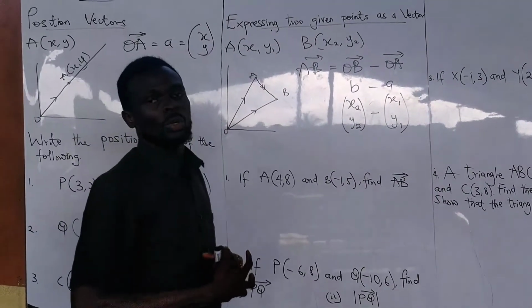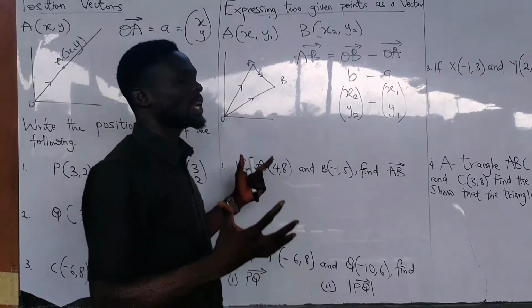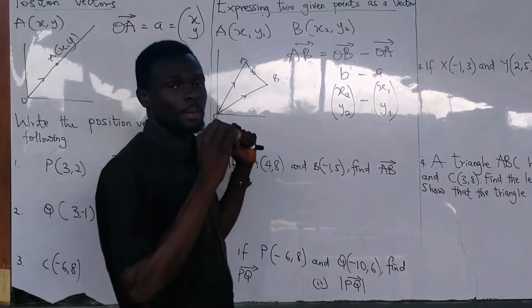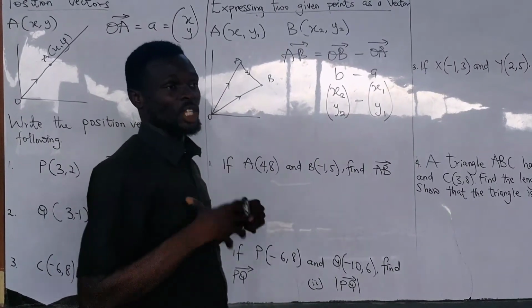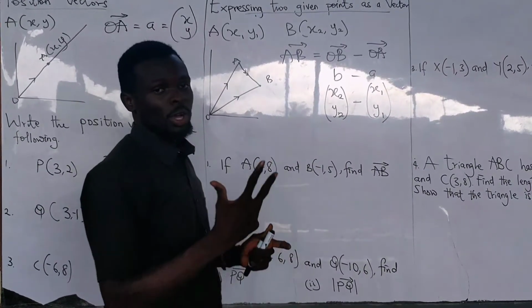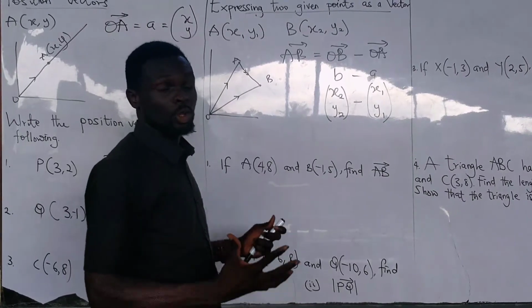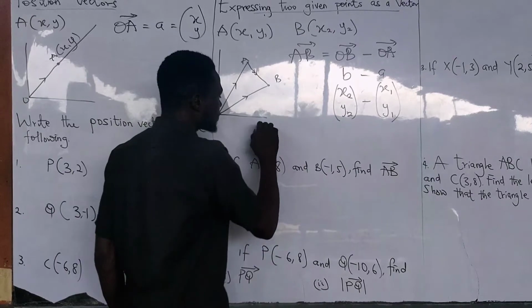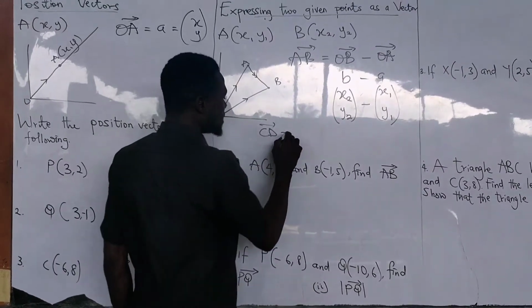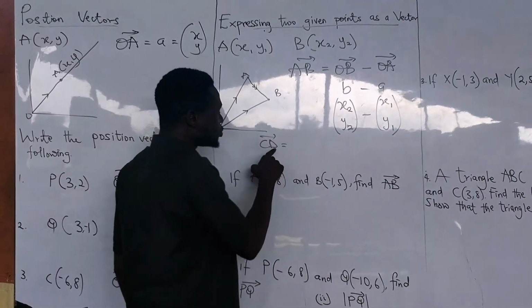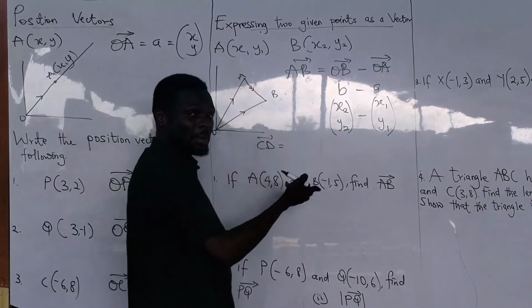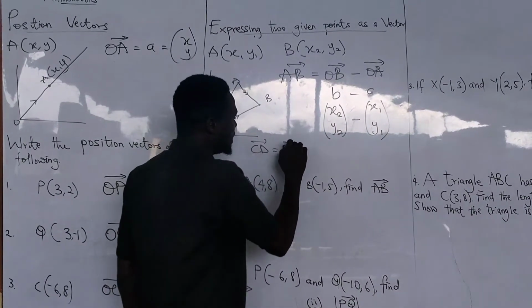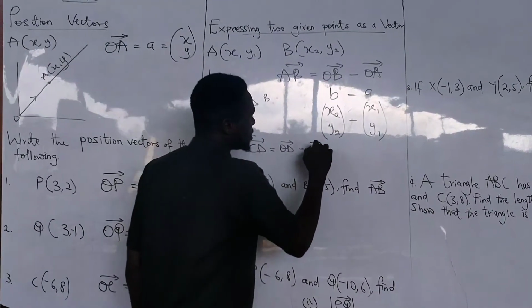Then we say you've calculated the position vector and expressed 2 points as a vector. So if I give you vector CD and it's a point, it simply means you are going to subtract the first point from the second point, so vector OD minus vector OC.